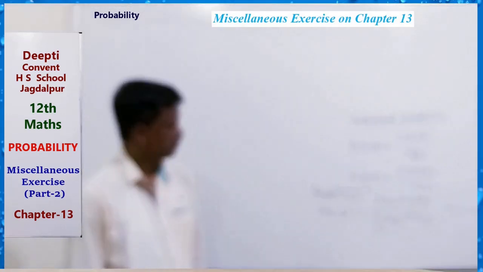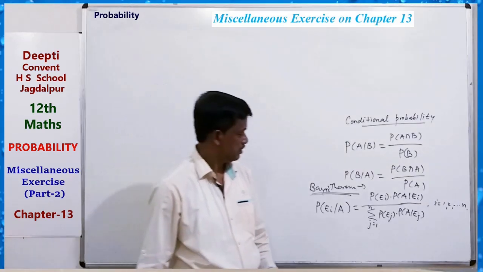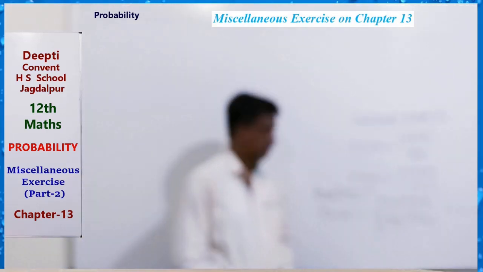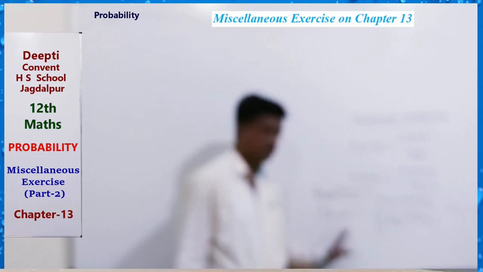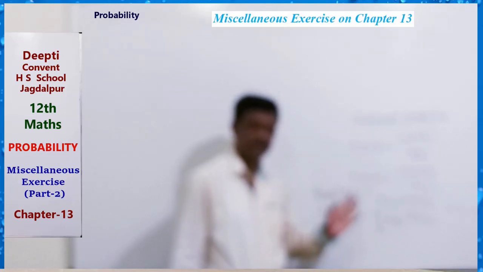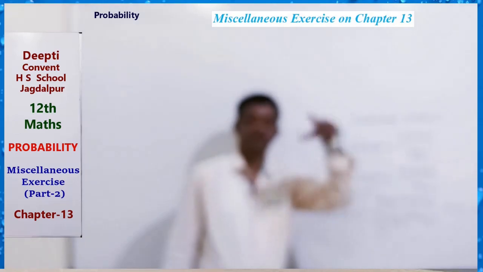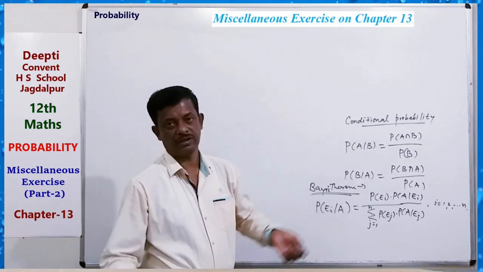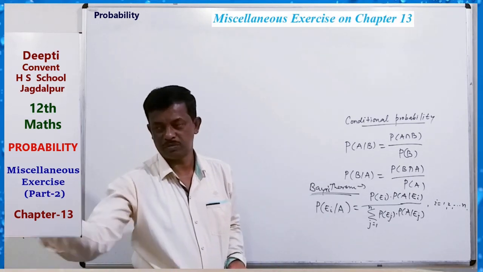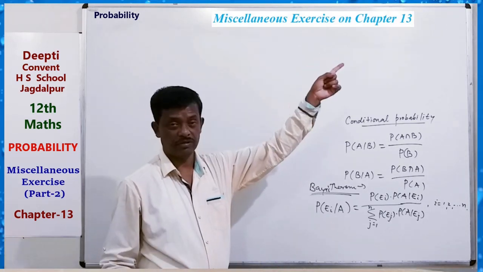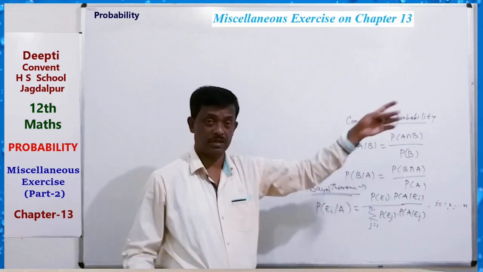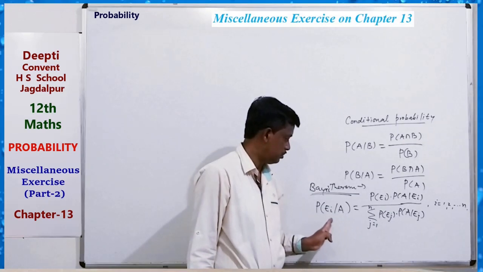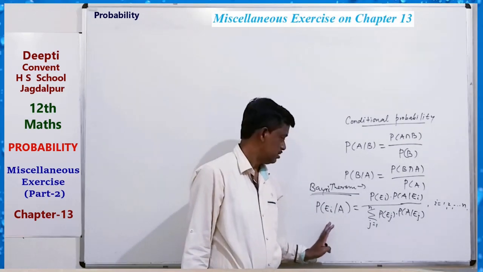So P(Ei|A) equals this, and from here we can find the reverse probability. Some events happened before, and then depending on that the next event happens, and we ask what is the probability of the previous event being like this. That is the reverse probability found by using Bayes theorem.